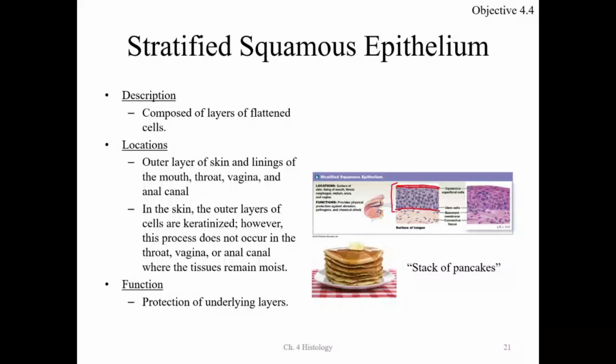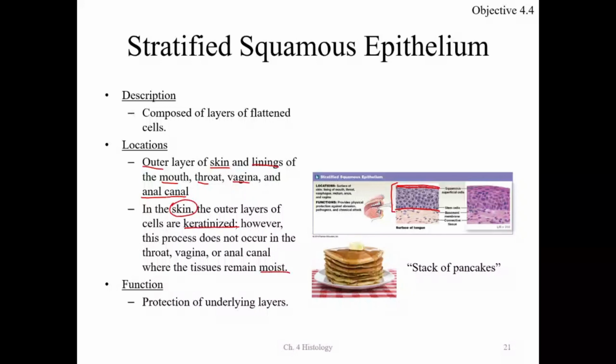Now, the outer layer of skin, the lining of your mouth, your throat, the vagina, and part of the anus, the anal canal. Now, in your skin it is keratinized. The other places are moist and don't keratinize.